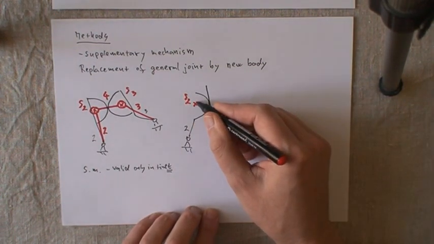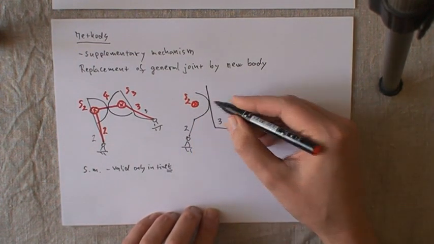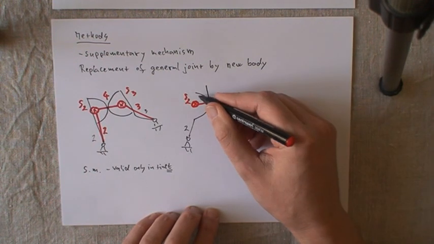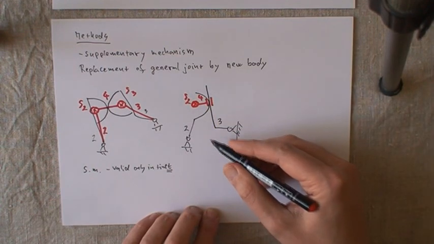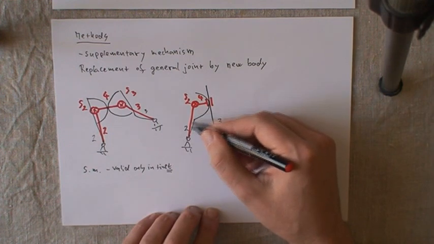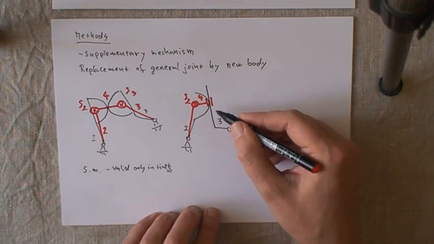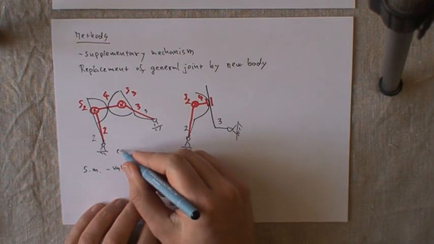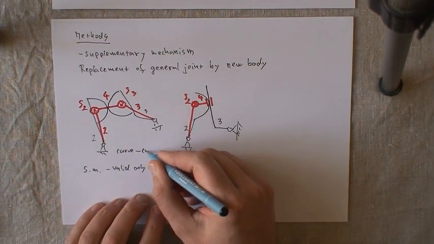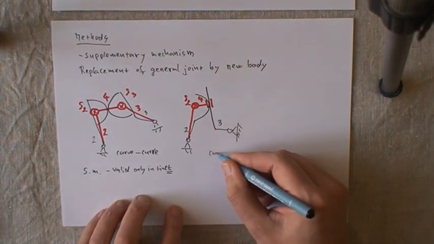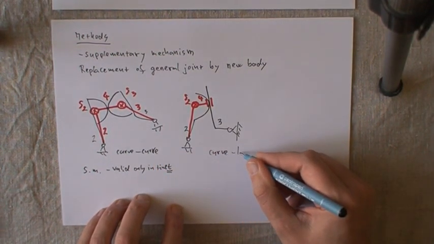In this case, for the curve we have a rotation, and for the line we have translation. So this little body number 4 is our new body in the mechanism. Again, this is new body number 2, and body number 3 is unchanged. Okay, so this is a curve, and this is curve, line.